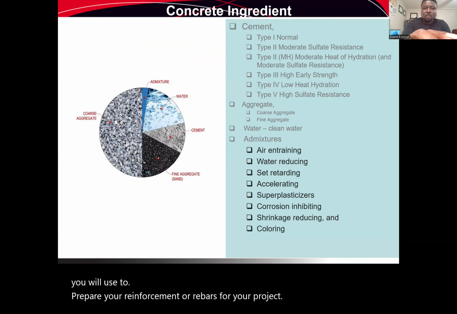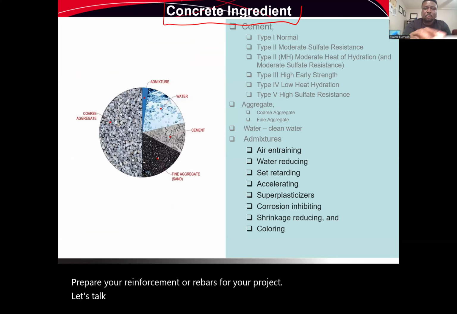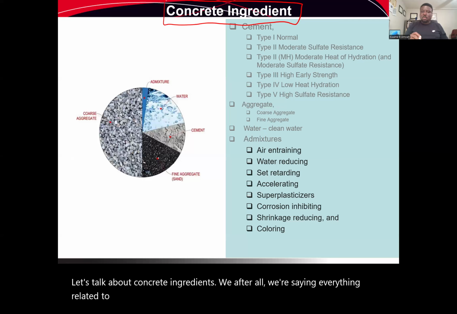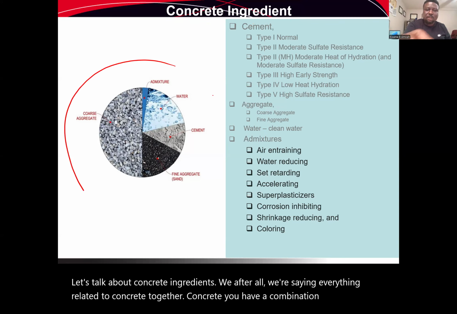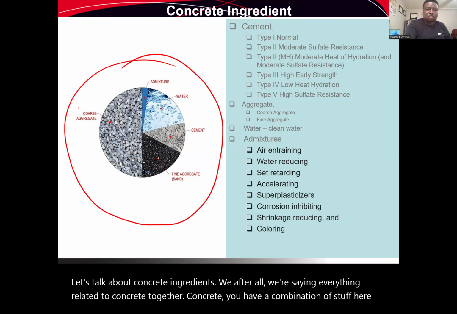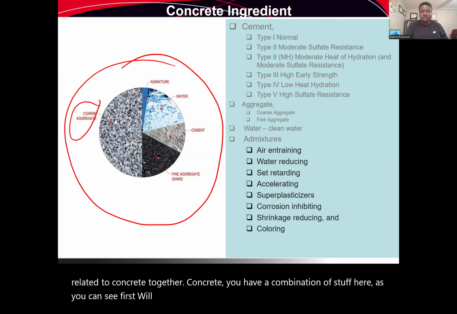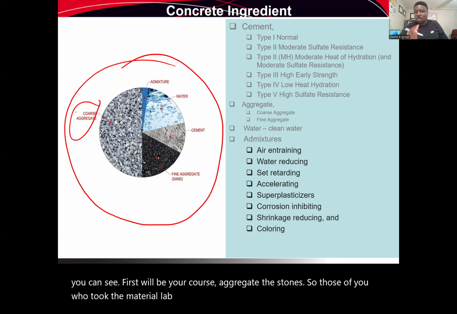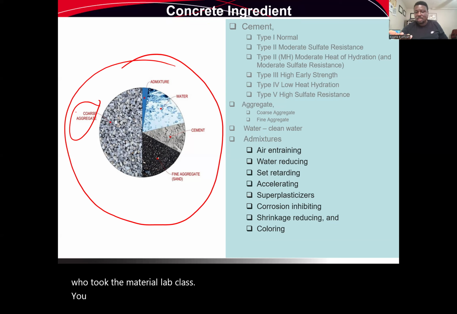Let's talk about concrete ingredients. After all, we are saying everything related to concrete. To get a concrete, you have a combination of stuff here, as you can see. First will be your coarse aggregate, the stones. So those of you who took the material lab class, you understand this clearly, right?